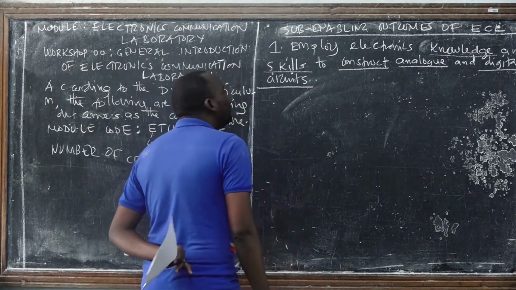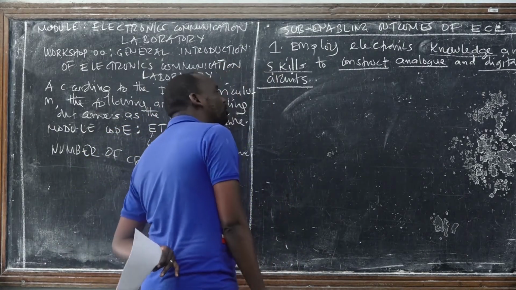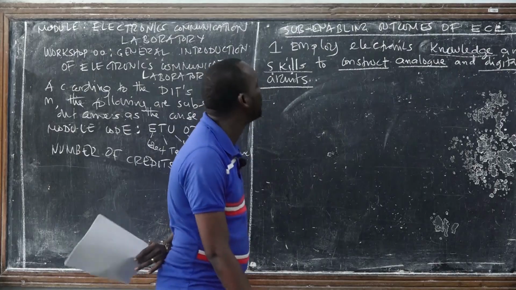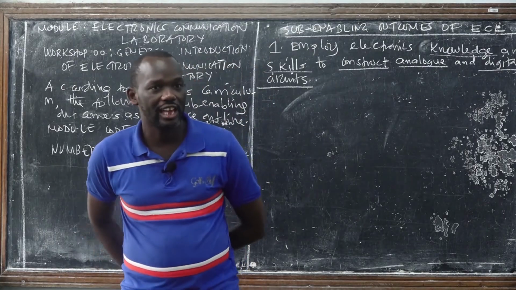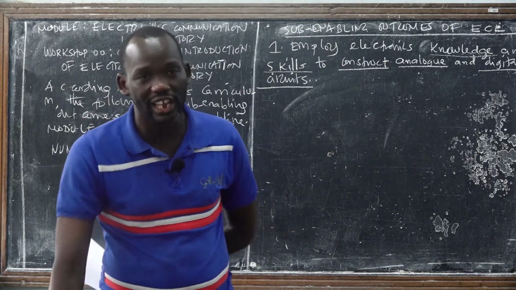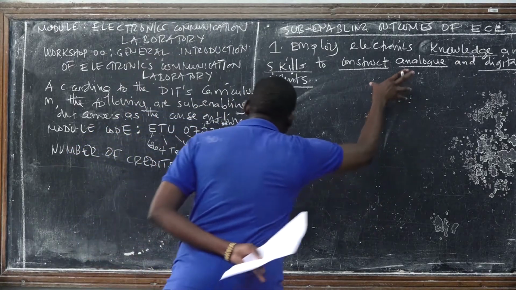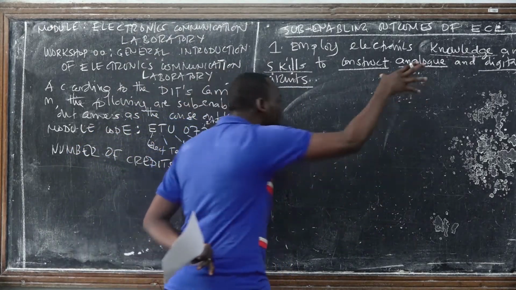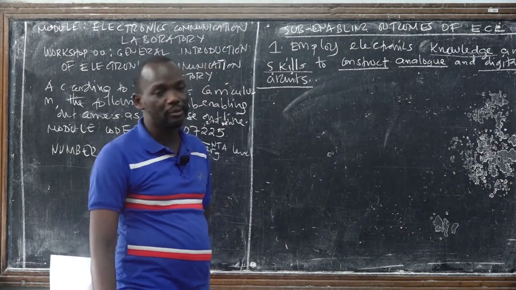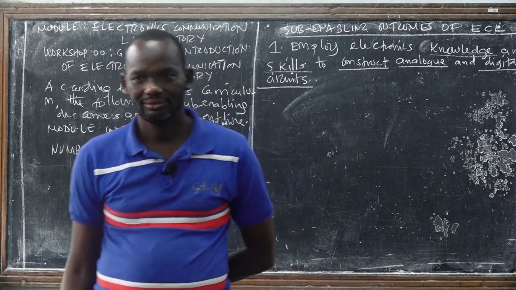You have to be able to construct the analog and digital circuit. How can you construct them? You have to know the theory first. You have to go for simulation. You have to go for hardware implementation. Okay?